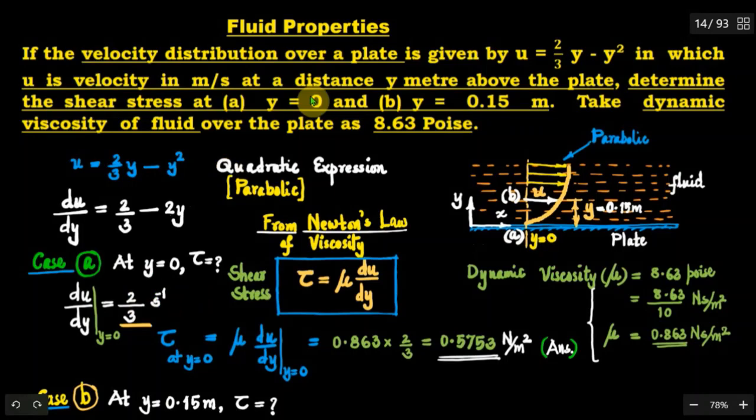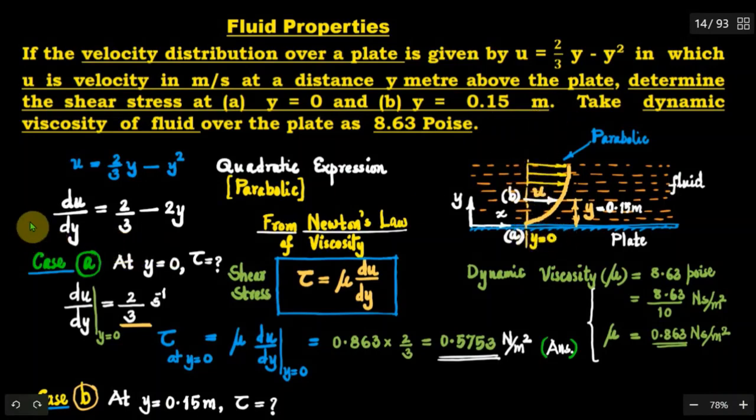In our present case, we have to find the shear stress acting on two layers. One is at y is equal to 0, that means the bottommost layer, and the other one is at y is equal to 0.15 meter, 15 centimeters above the plate.